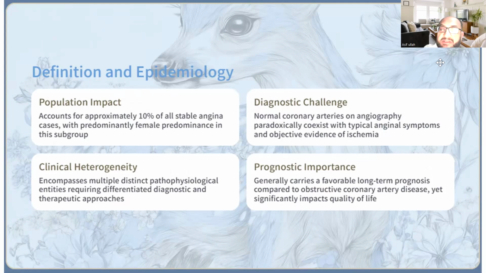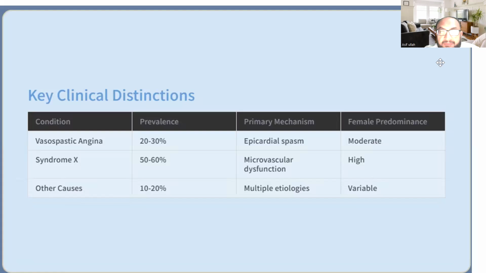However, the good news is that the prognosis is generally not very bad. Vasospastic angina, 30% prevalence with epicardial coronary spasm and a moderate female predominance. Syndrome X, 60% with microvascular dysfunction and a high female predominance. Other causes 20%, multiple etiologies and variable between genders.